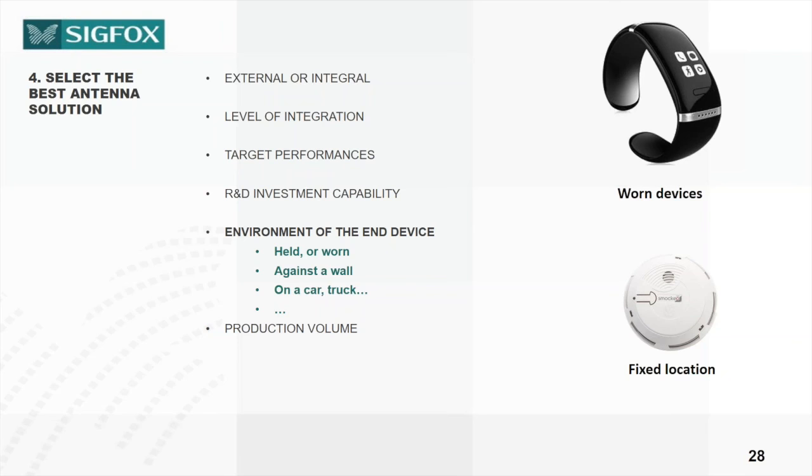Of course, you can have some other use cases where it's less important, but it's important to define which are the most important and to write a priority list and give it to the antenna designer so that he will be able to select the right topology and solution.